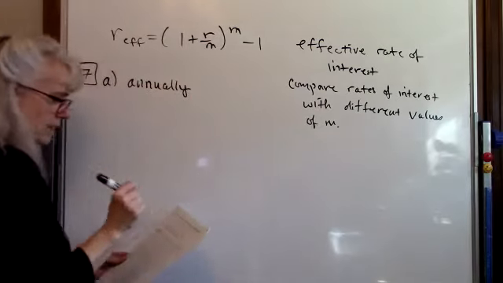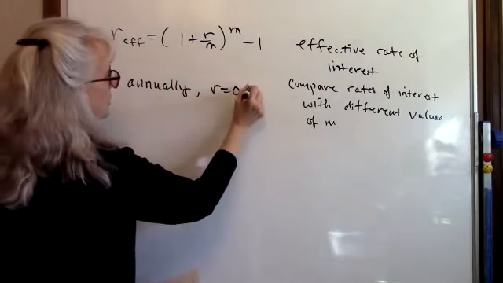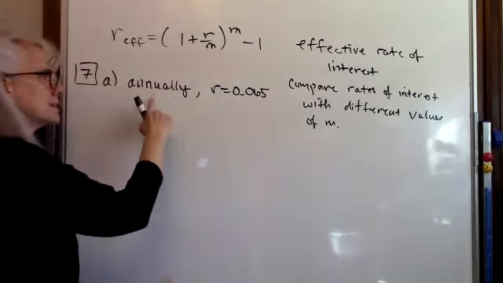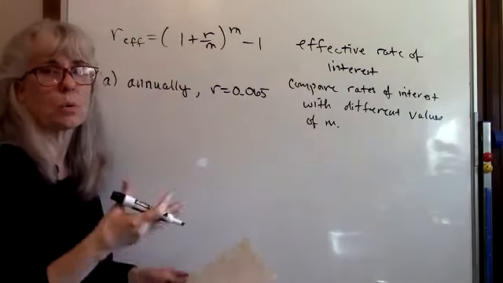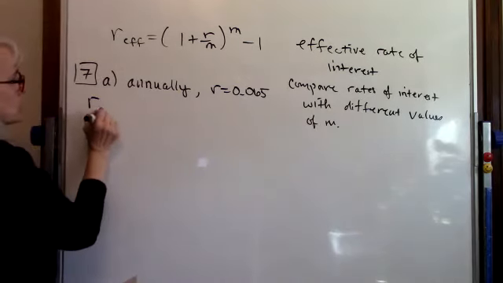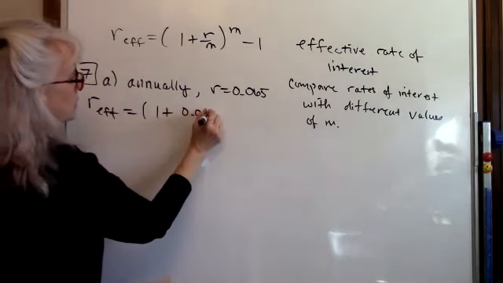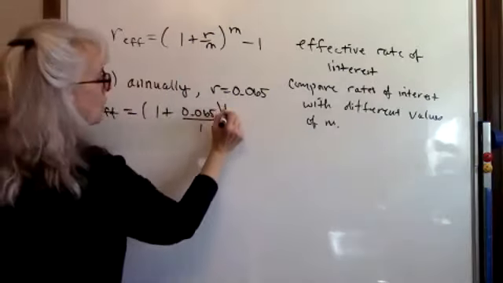Okay. So this one's not going to come out to be a big surprise here. So we know that the given interest rate is 0.065, that's 6.5%, but it's a yearly rate. So if we run it through this formula, we should get the same answer right back out of it because they're both yearly. So no surprise on our answer on this one. We'll have 1 plus 0.065 divided by 1, that's our m, to the 1 minus 1.